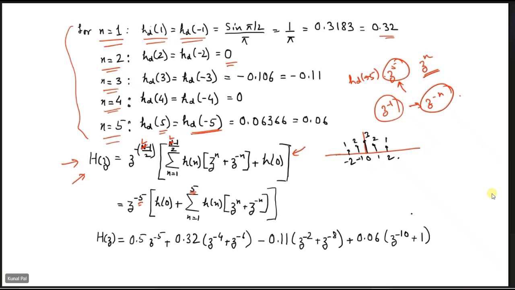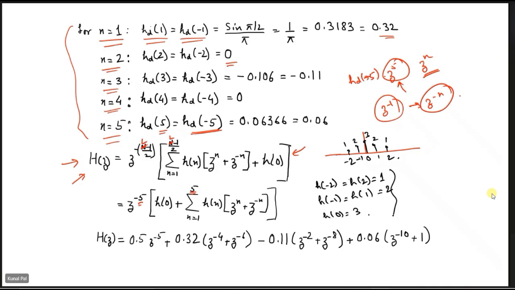So here our h of minus 2 is equal to h of 2 equals 1. Then I have h of minus 1 equals h of 1 equals 2. And then h of 0 equals 3.